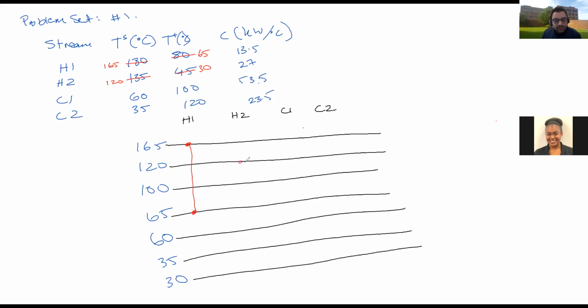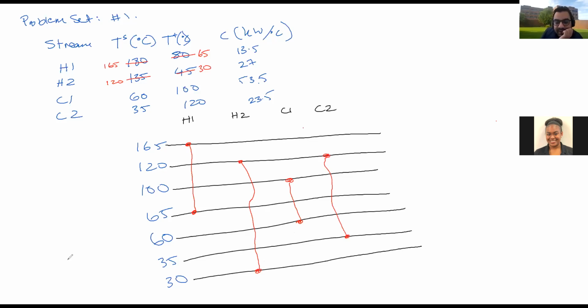I just start at 120 and draw a straight line to 30. C1 goes from 60 to 100, so you start at 60 and move to 100. And C2 goes from 35 to 120, right? 35 to 120, just straight lines.